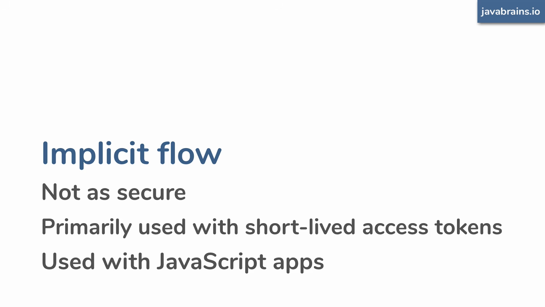The second flow is useful only with certain kinds of applications, specifically JavaScript applications where the access token is not really something you would assume is secure. When you have a JavaScript application that's running on the client, and that's what's actually making this request to the authorization server and to the resource server, well, you know that the access token is going to be exchanged over the wire and it's going to sit in the browser.